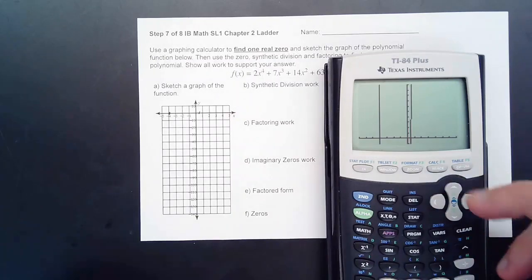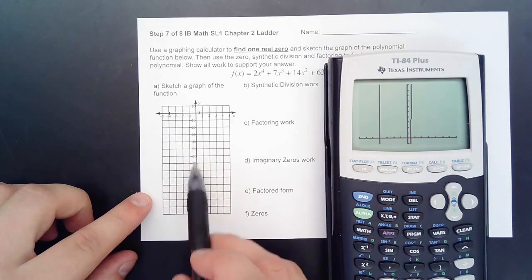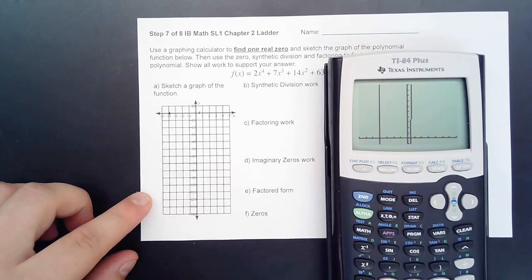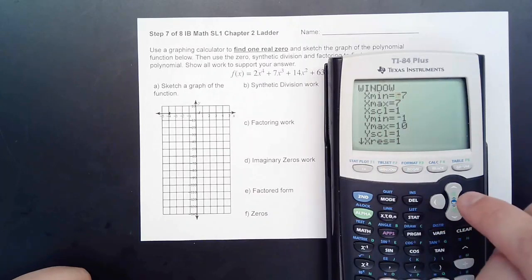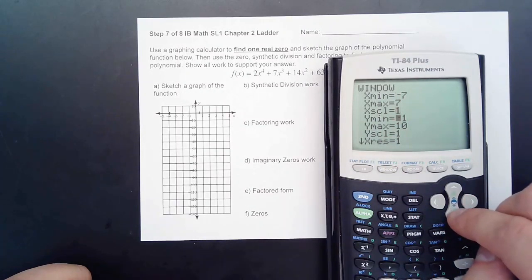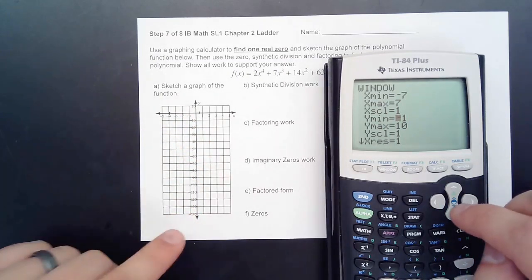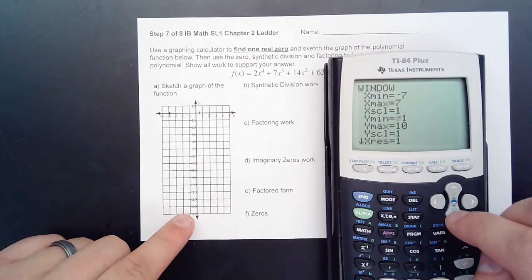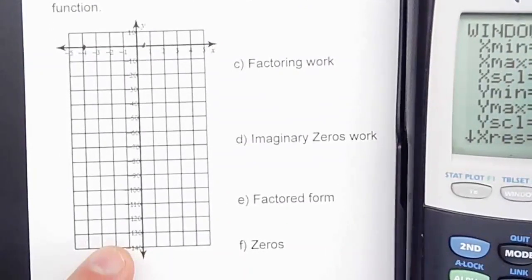So to figure out where I'm crossing the y-axis, really we're going to want to change the window that we have here. So I'm going to go to my window, and I really want my y minimum to be lower. I want to be able to see this farther down, and it looks like this graph that we're given goes down to 140.